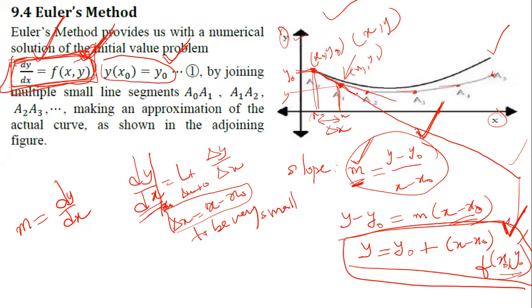We draw a tangent at that point, and we obtain the slope of that tangent. The slope of the tangent is actually your differentiation at x naught. So differentiation at x naught, according to this differential equation, will be f of x naught, y naught. So this is the formula we arrive at.